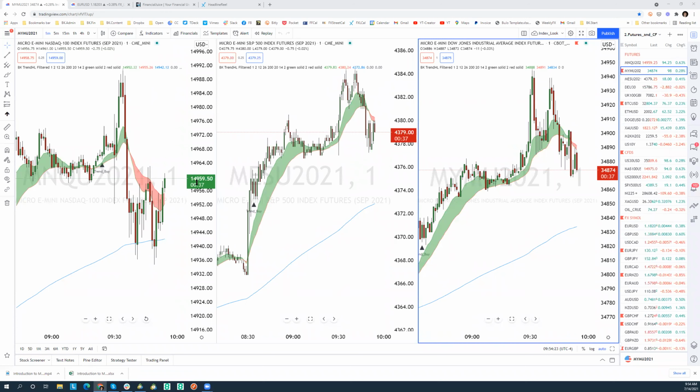Dow seems to have found a little bit of support here at this 950 level. That's about 50 points off the highs, kind of like a clean double bottom. We could have probably traded this double bottom. I just wasn't paying attention.